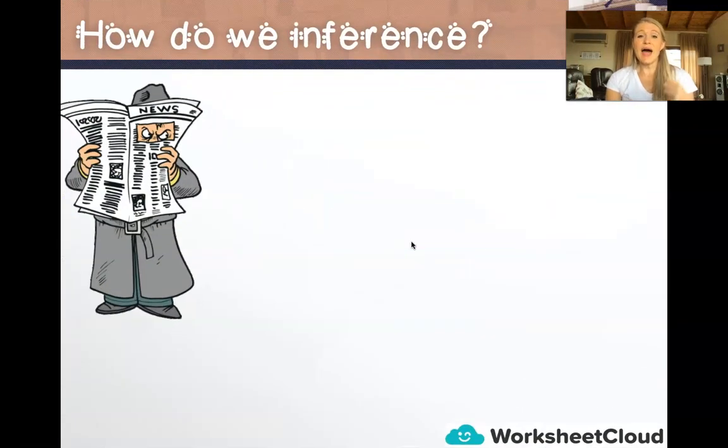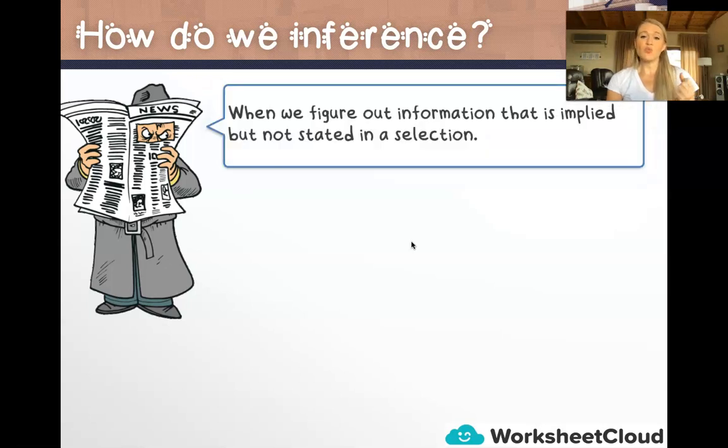Okay, now how on earth do we even start inferencing? We figure out information that is implied but not stated in a selection. So we inference because if there is a question based on the text and it's not that obvious, it's not a very forward question.